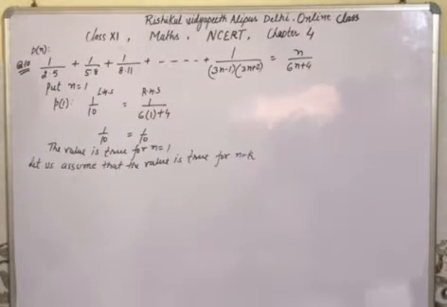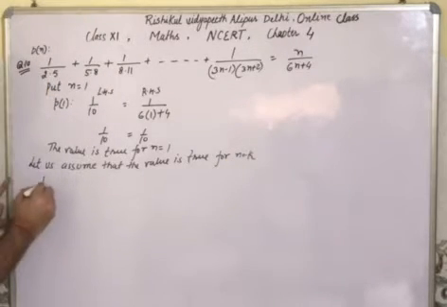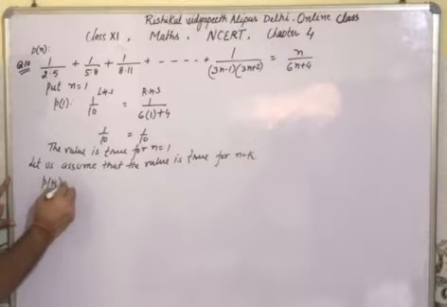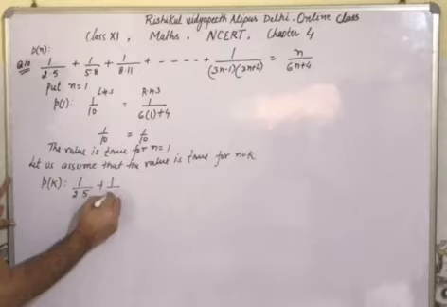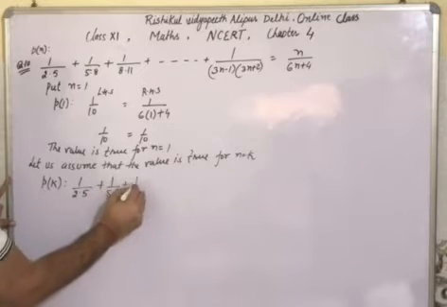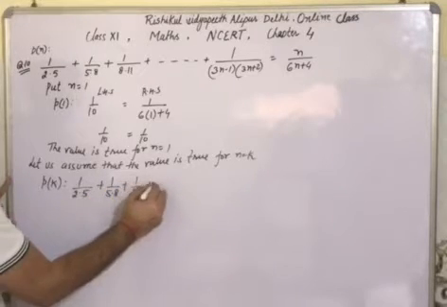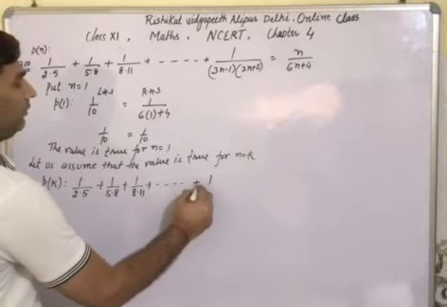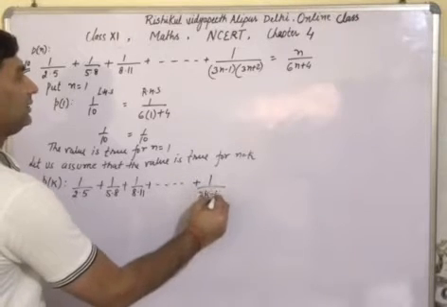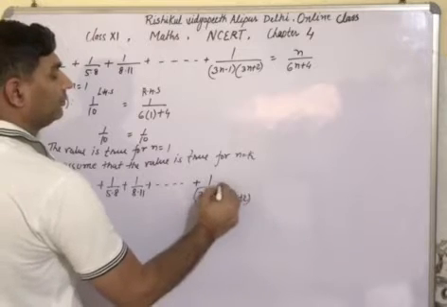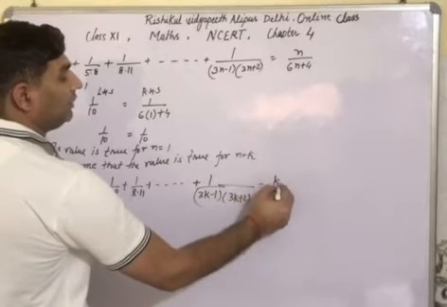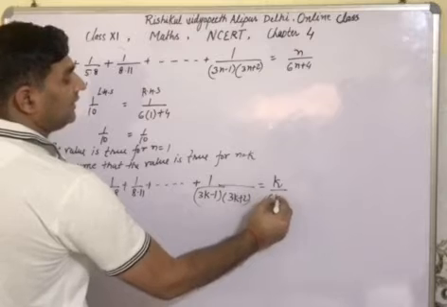So we will replace n with k. Then P of k: 1 over 1 into 5, 1 over 5 into 8, 1 over 8 into 11 and so on up to 1 by (3k minus 1) and (3k plus 2) is equal to k over 6k plus 4.